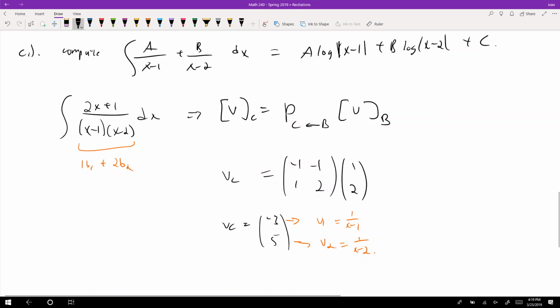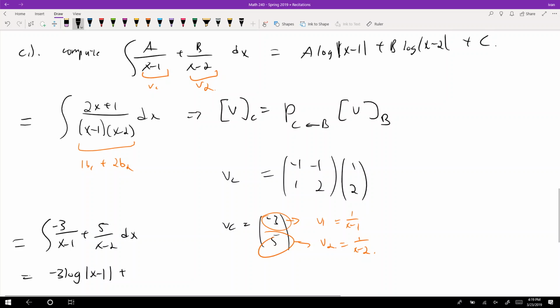So now this integral becomes negative 3 over x minus 1 plus 5 over x minus 2 dx, and we just plug those numbers into that integral. This is equal to negative 3 log of x minus 1 plus 5 log of x minus 2, plus some constant.